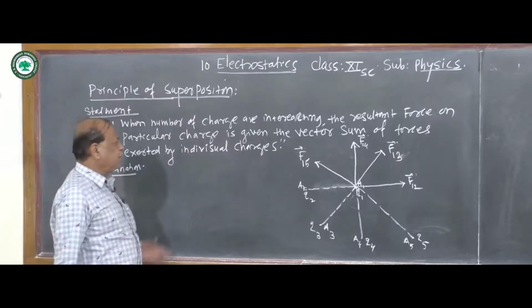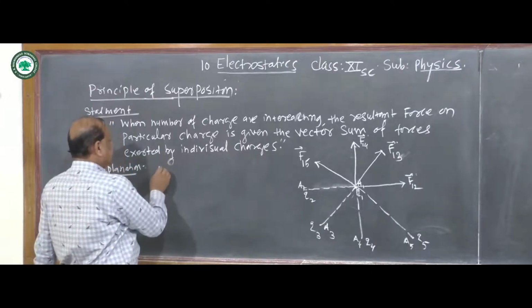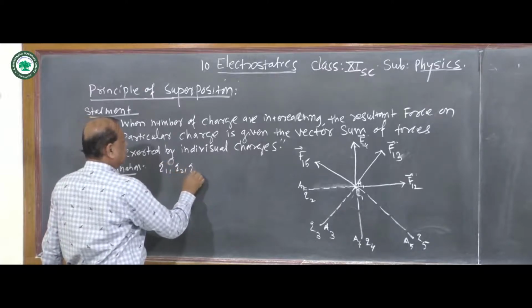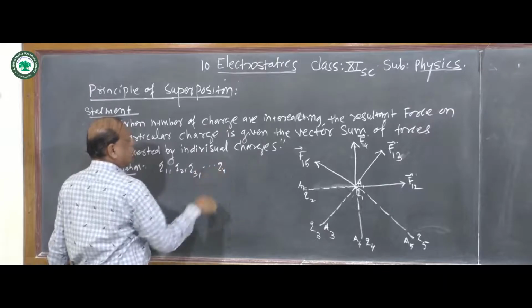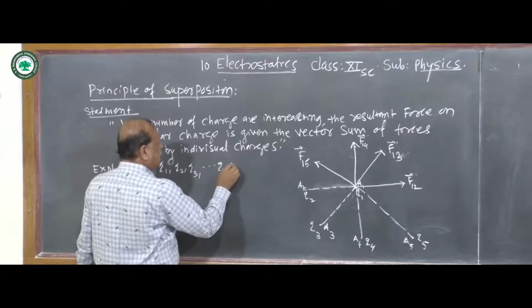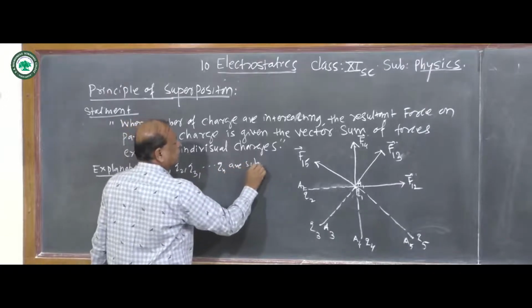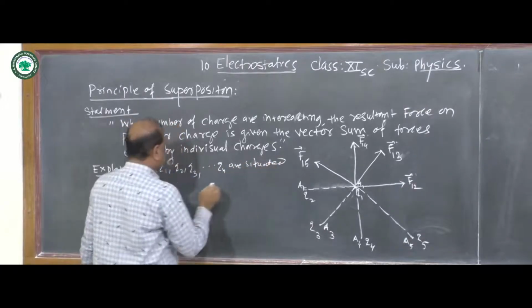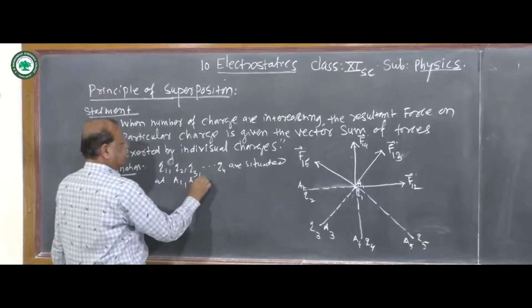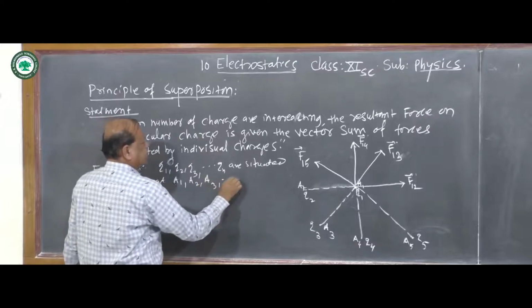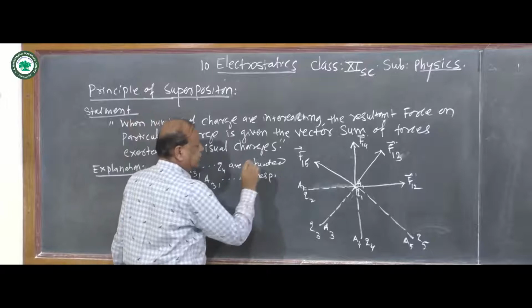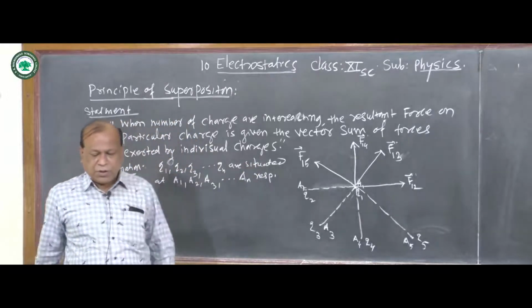Consider a number of charges Q1, Q2, Q3 and so on up to Qn, situated at points A1, A2, A3 and so on up to An respectively.